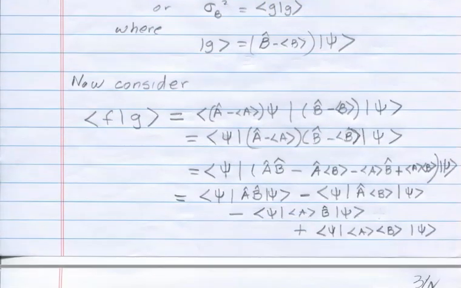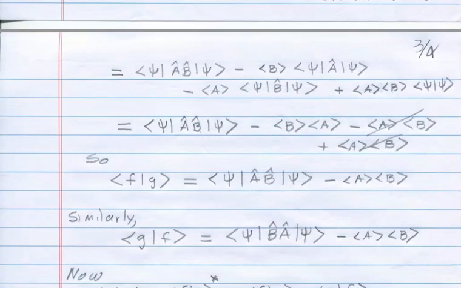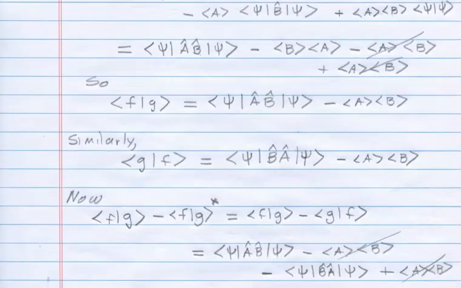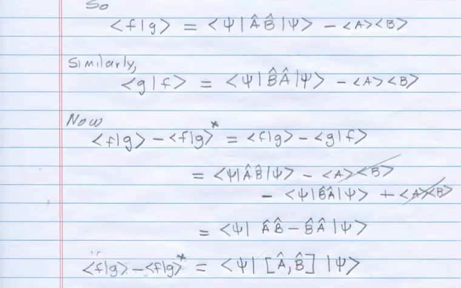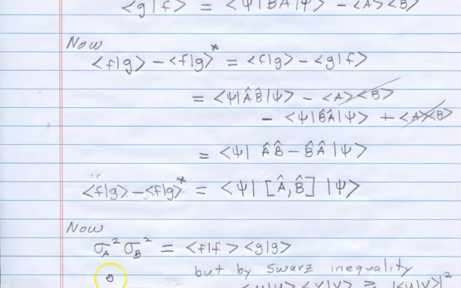And so I use those here to multiply those together. Sigma A squared is this, sigma B squared is this, and so I know that their product is the product of these two numbers.